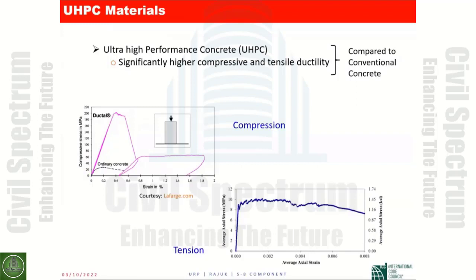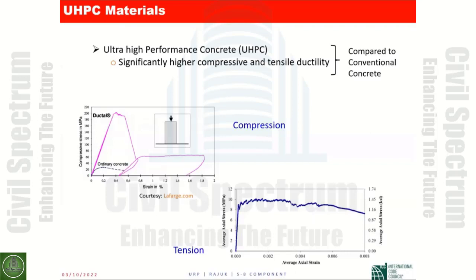You look at the stress strain diagram under compression on the left side, you notice that the compressive strength is about 200 megapascal, okay? 200 megapascal compared to, for a good concrete, we can get about 35, 40 megapascal. So this one is much stronger than ordinary concrete, as you can see.